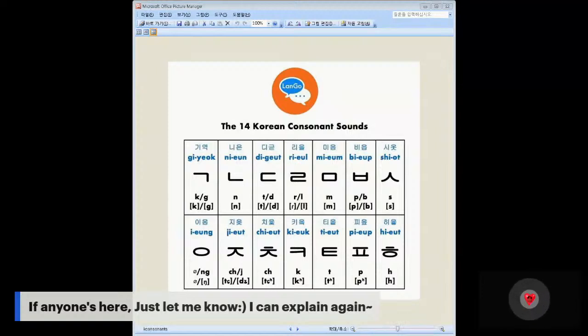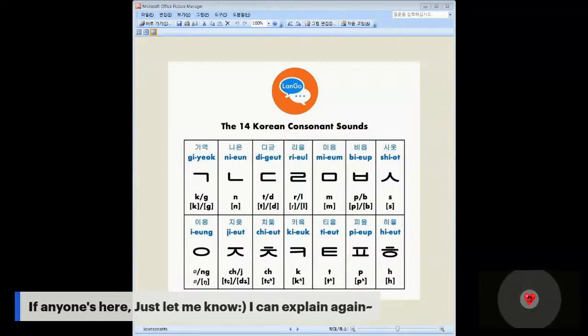It would be more fun if I talked with somebody while studying consonants, but I decided to do this anyway, so I just did it by myself. But I hope I could keep doing this, and if anyone is interested in studying the Korean alphabet, you can join this lesson.